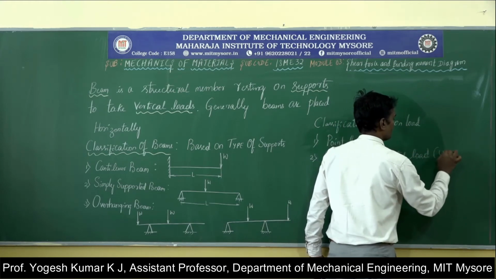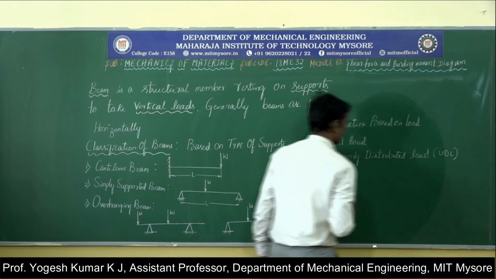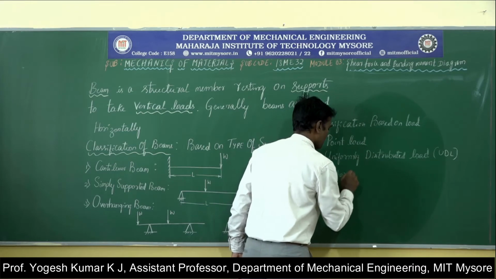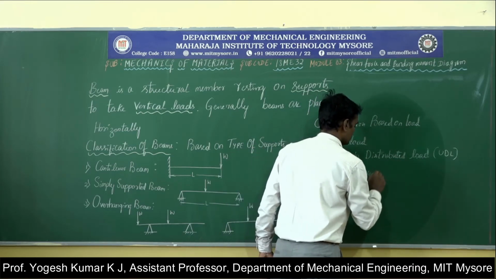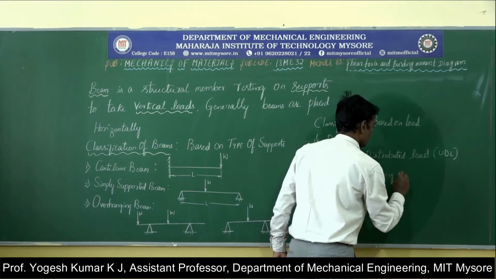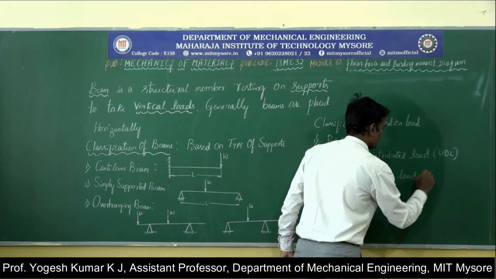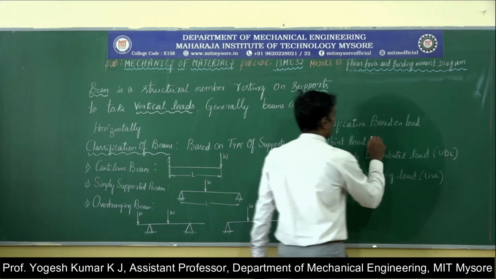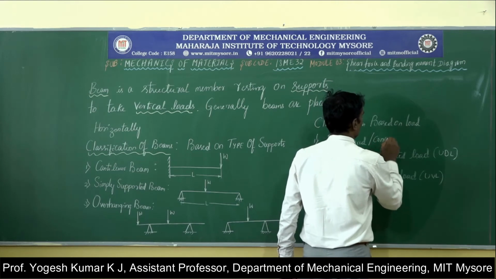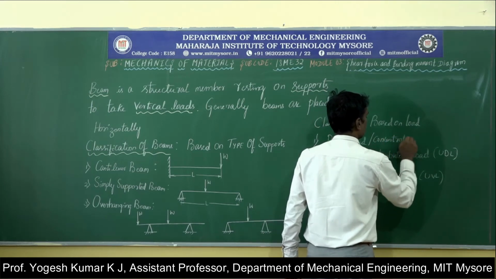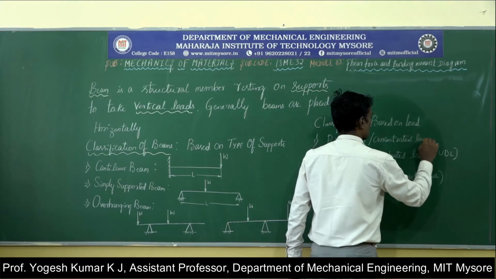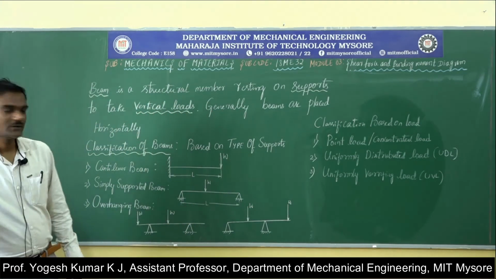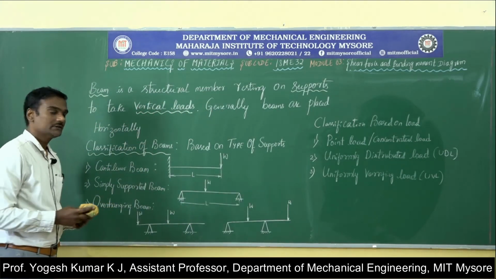If you remember, you have usually called it UDL. And the third is uniformly varying load, which we call in short form UVL. The point load we can also call a concentrated load. So these are the three types of loads that can be applied on the beams.